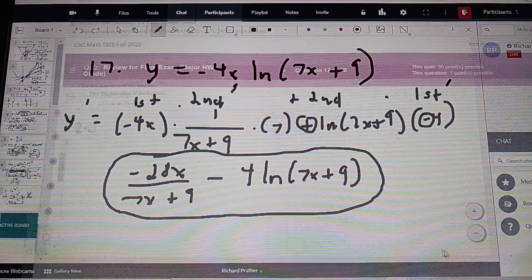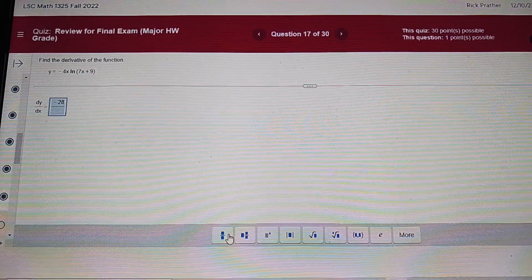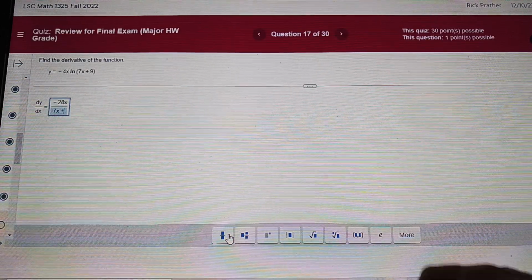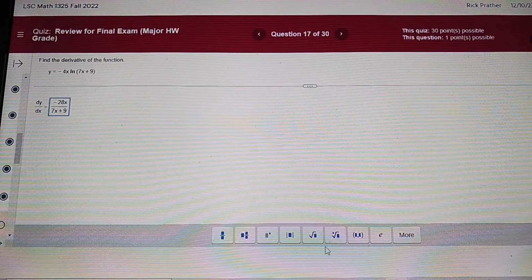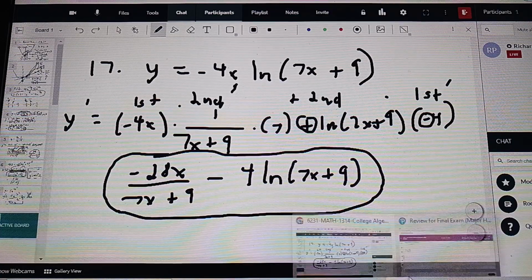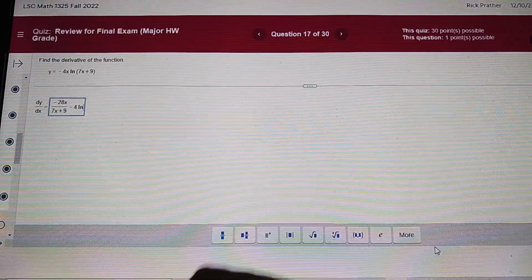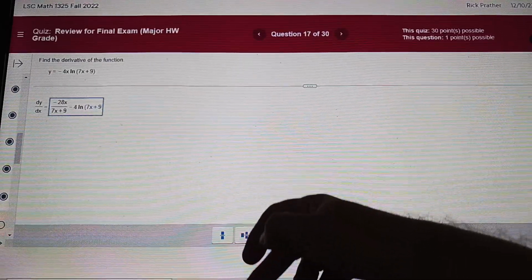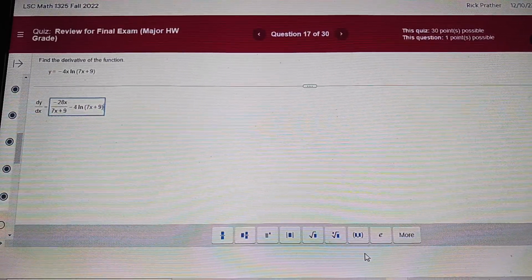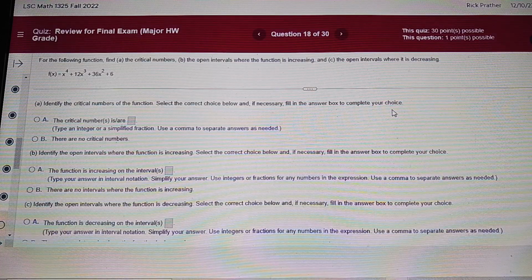So negative 28x over 7x plus 9, minus 4 ln of 7x plus 9. Okay, so there's number 17.